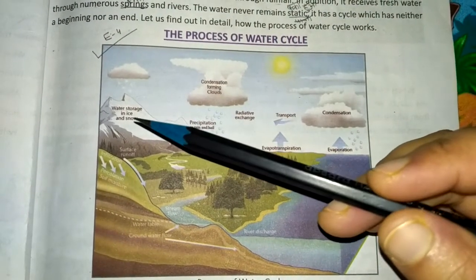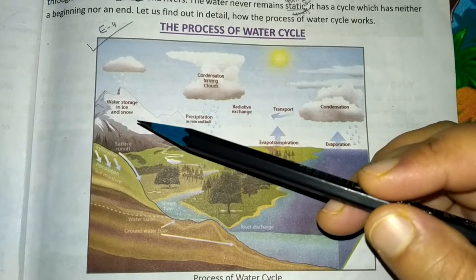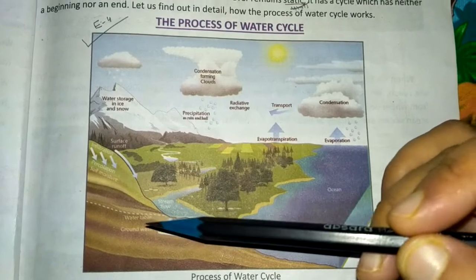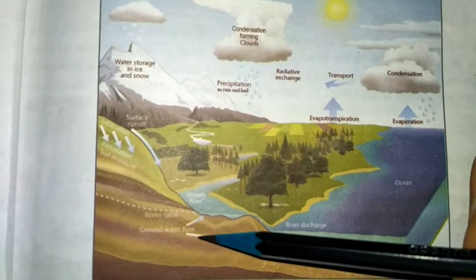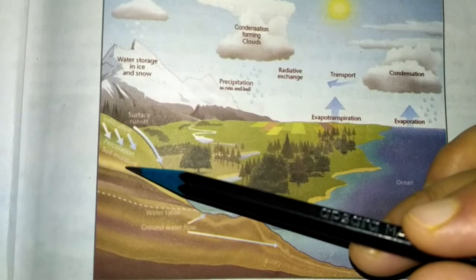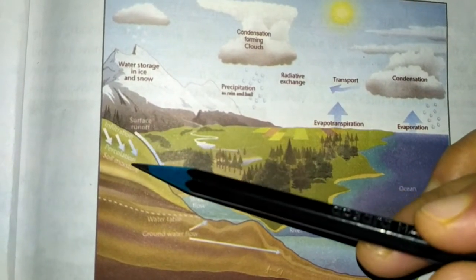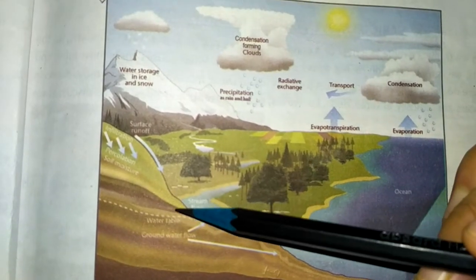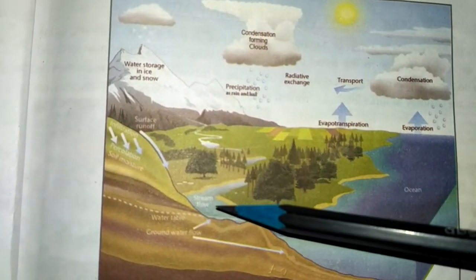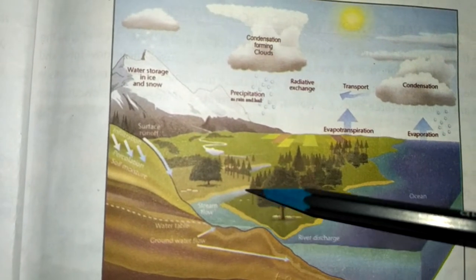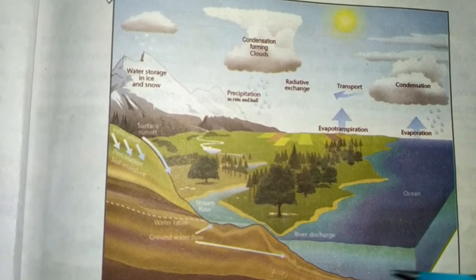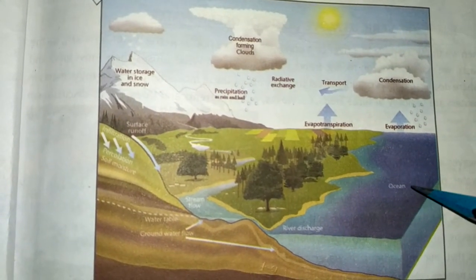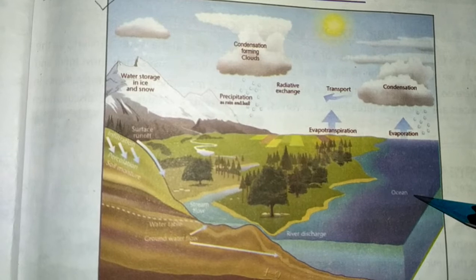Here we have different things: water storage in ice and snow, surface runoff, how the water is flowing down, water table, groundwater, percolation, and soil moisture, how the water is running towards the underground water. Stream flow is how the water is moving from one place to another.